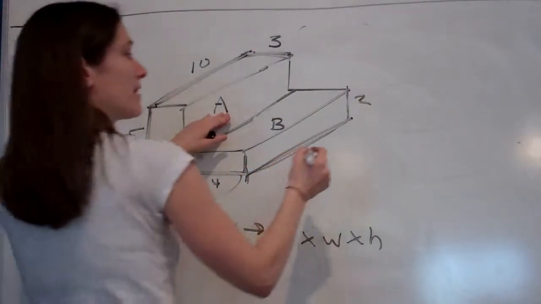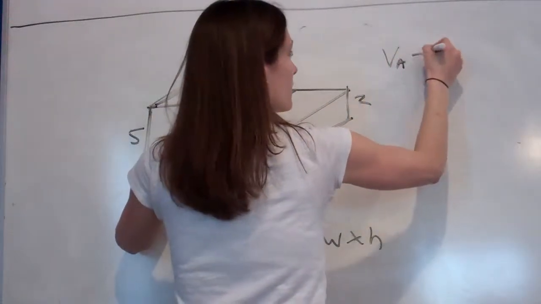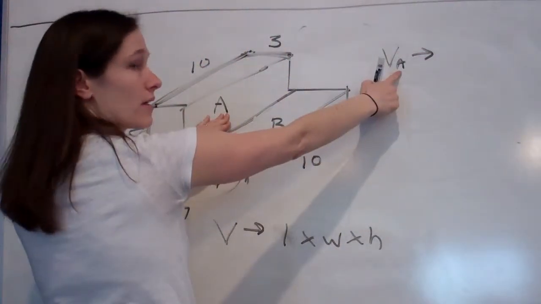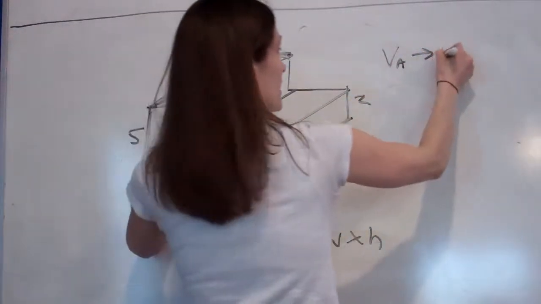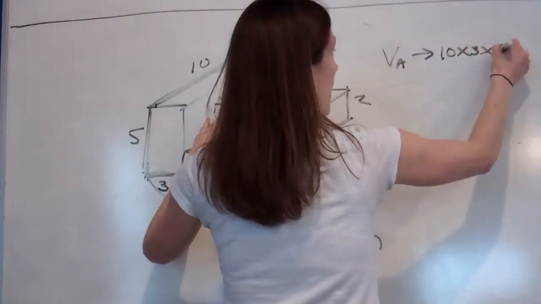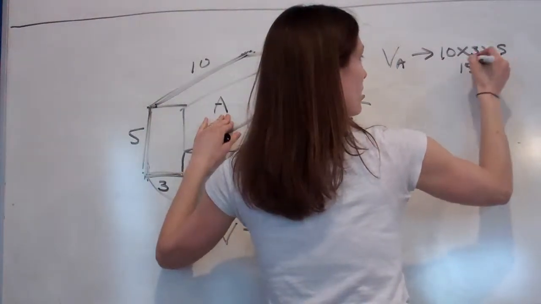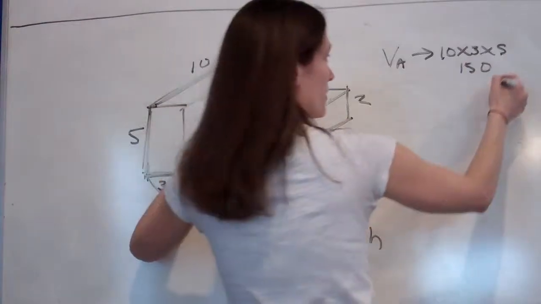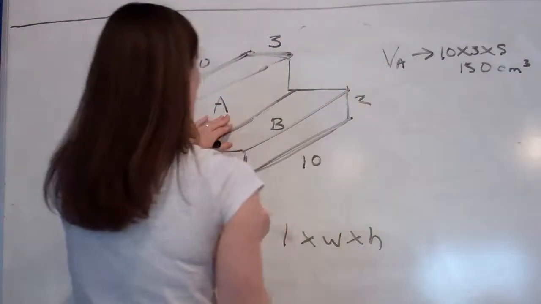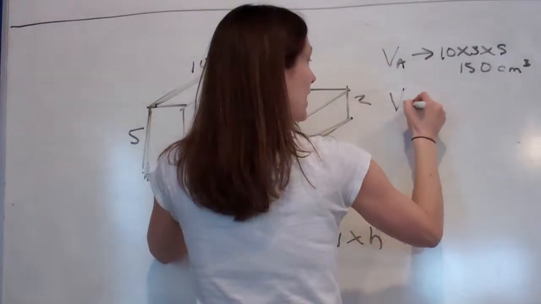Let's find the volume of A. We're going to go 10 times 3 times 5, and 30 times 5 is 150 centimeters cubed. And then volume of B, what are we going to do?